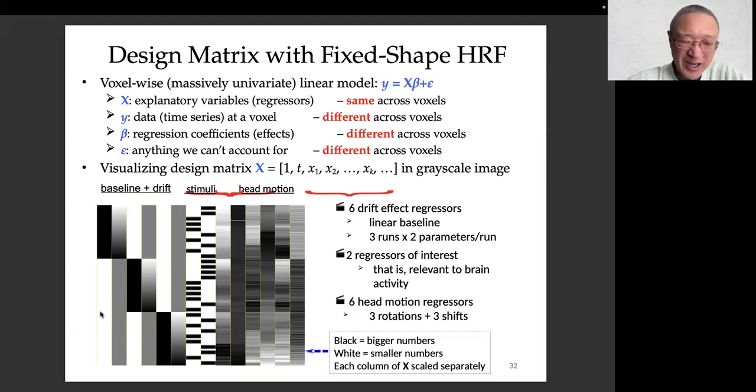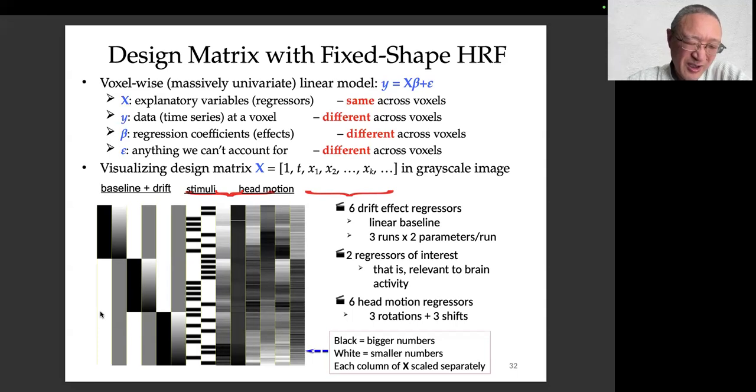If you want, you can analyze each one separately, but most of the time it's probably preferred to concatenate them. The reason is when we go to group level, we usually don't care about each one separately. Even in FSL and SPM, in the end you still get the average across runs.